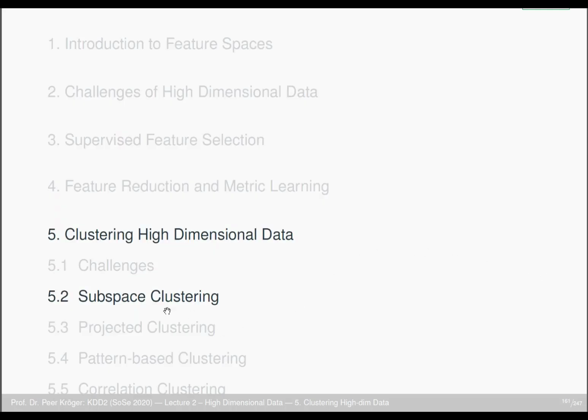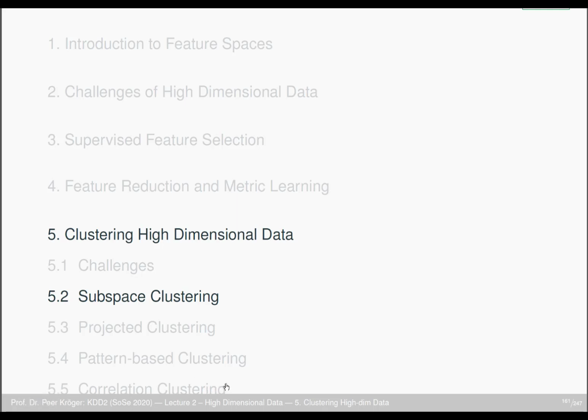So what's coming up? We will talk about subspace clustering approaches. We will talk about projected clustering approaches following our taxonomy. Then we will have a look at so-called pattern-based clustering approaches, which we will find are special cases of subspace or projected clustering approaches, and sometimes even special cases of correlation clustering approaches.